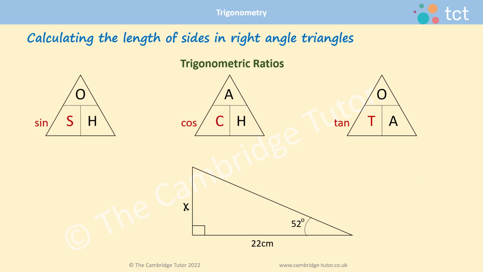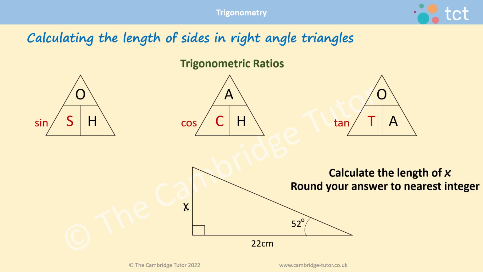Here's a similar one for you to try. We're being asked to calculate the length of x and round your answer to the nearest integer. Pause the video, press play when you're ready. First, label your triangle. Hypotenuse, the opposite, and the adjacent.